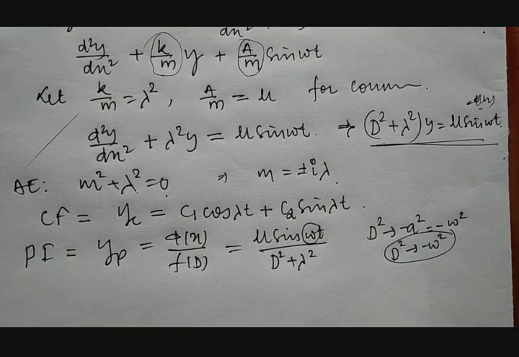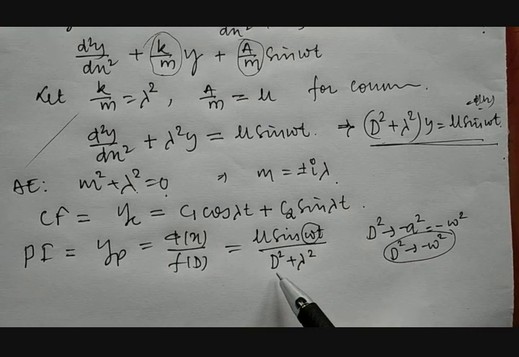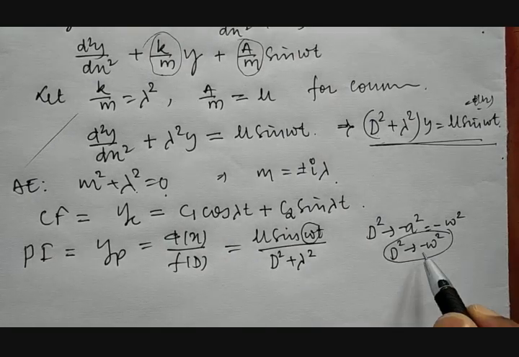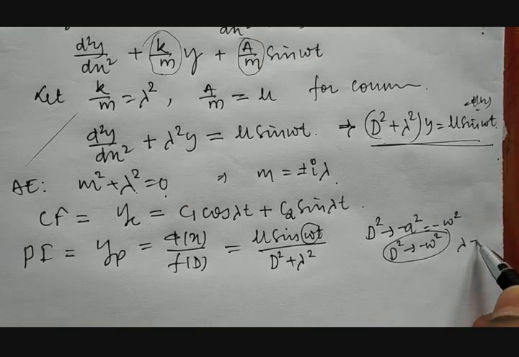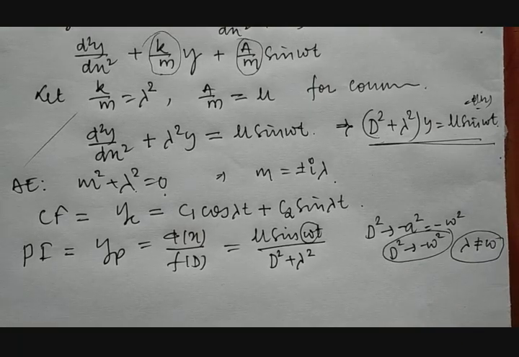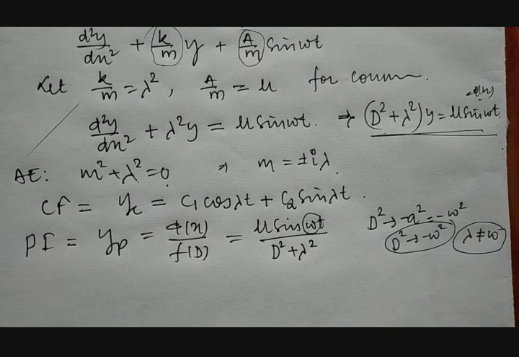One thing we should know: if we substitute −ω² here, ω and λ are totally different, so ω should not be equal to λ. We need to keep that in mind.